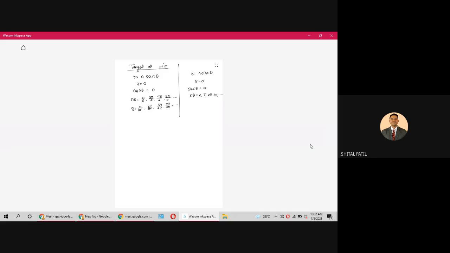We can take any number of values, and therefore theta is equal to 0, pi divided by n, 2 pi divided by n, 3 pi divided by n, 4 pi divided by n, and so on. So many tangents are there.